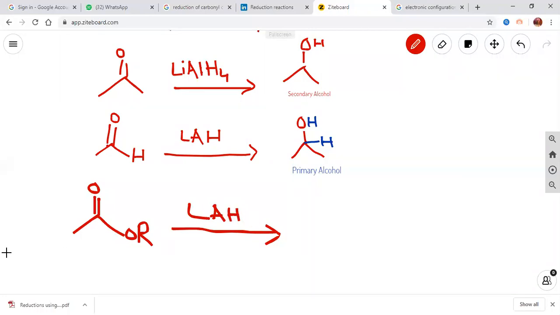So with this lithium aluminum hydride, the esters get reduced to primary alcohols.